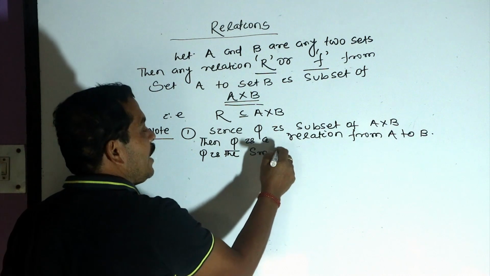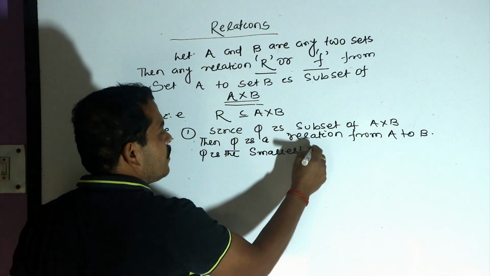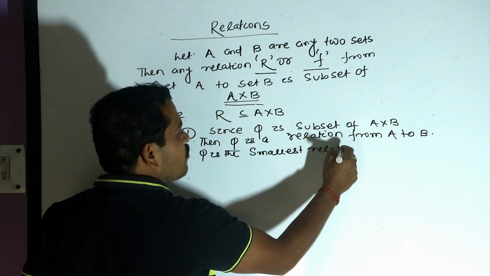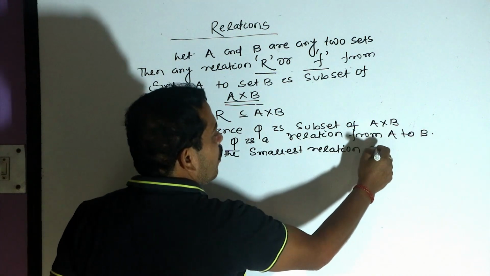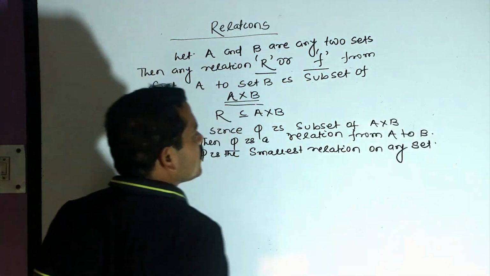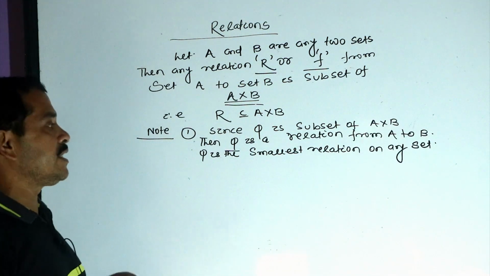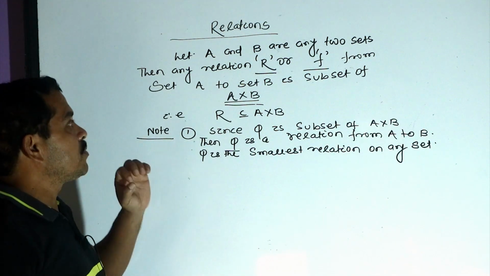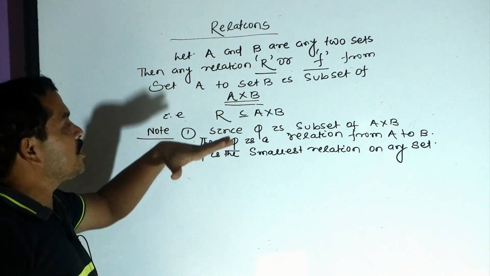Phi is the smallest relation on any set.